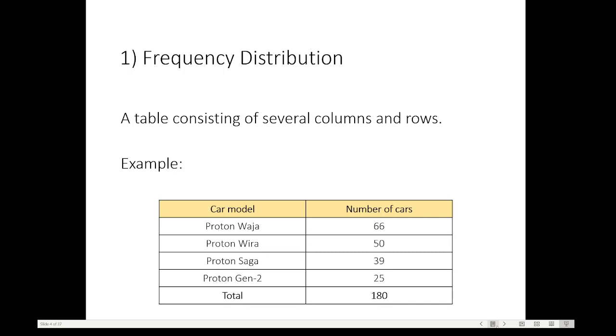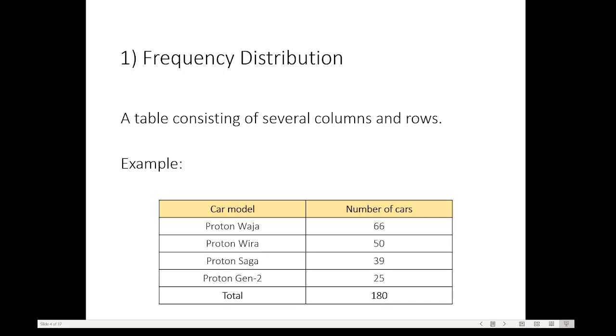Horizontal means that if you want to transfer this into a horizontal frequency distribution, you will have the car model and the number of cars at the top, and the entries for each category laid out along the row. Boleh, dia tak ada masalah. Tapi yang kebiasaannya, for a normal situation, this is the way we present the frequency distribution.